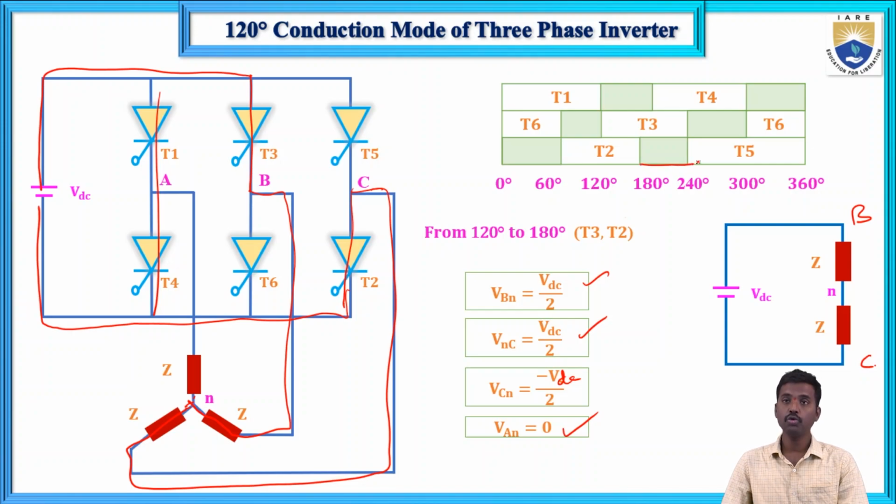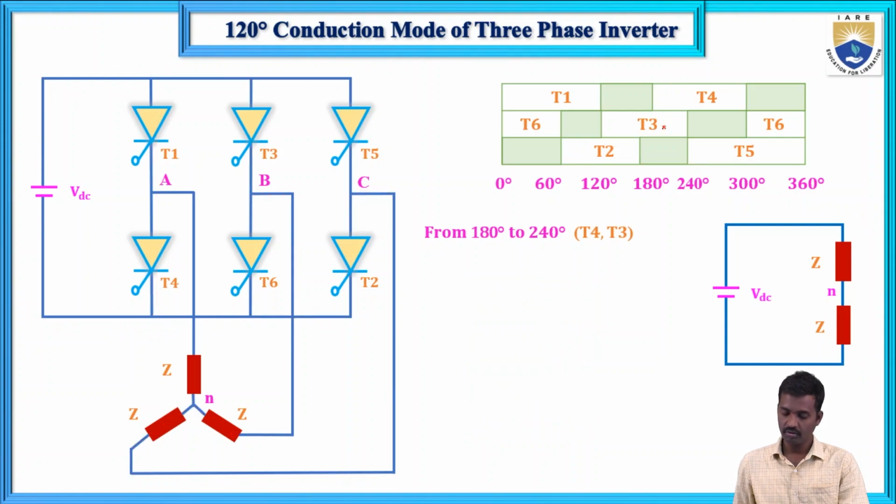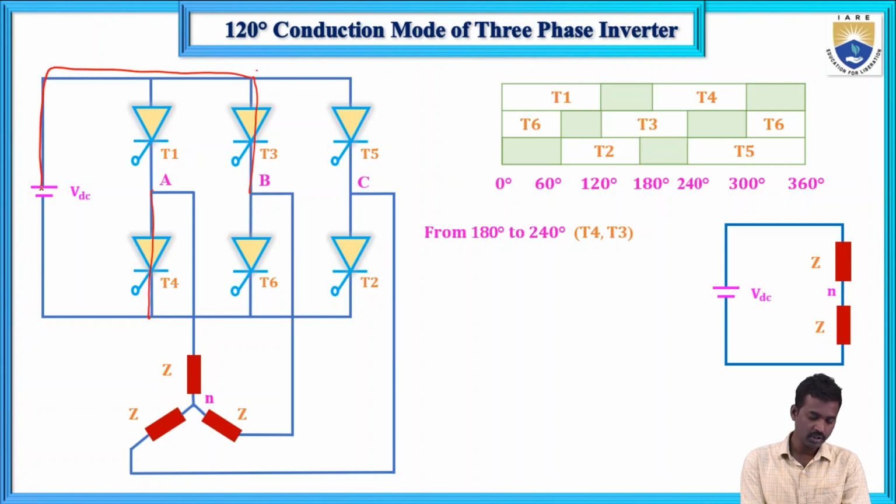Next, the 180 to 240 degrees case: T4 and T3. T4 is the lower group switch, first one in the first leg, and next the upper group switch, leg 2. So this is connected to positive and this is connected to negative.